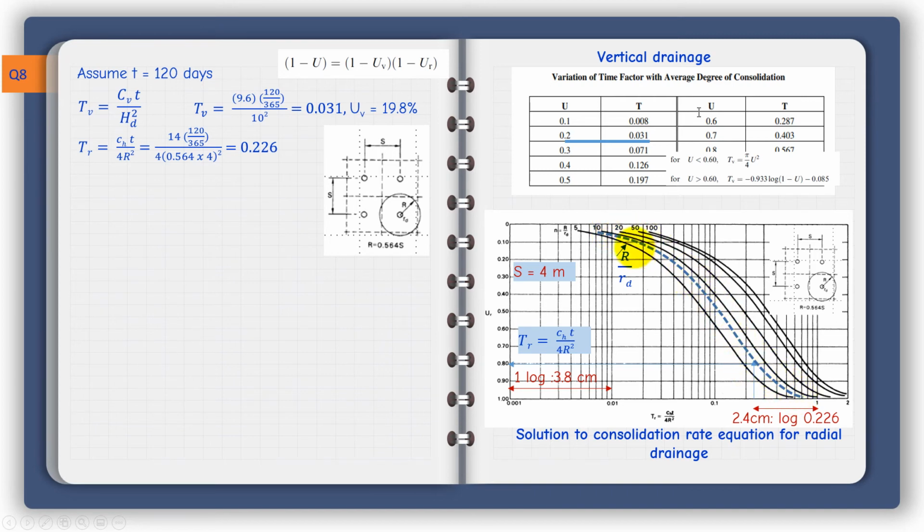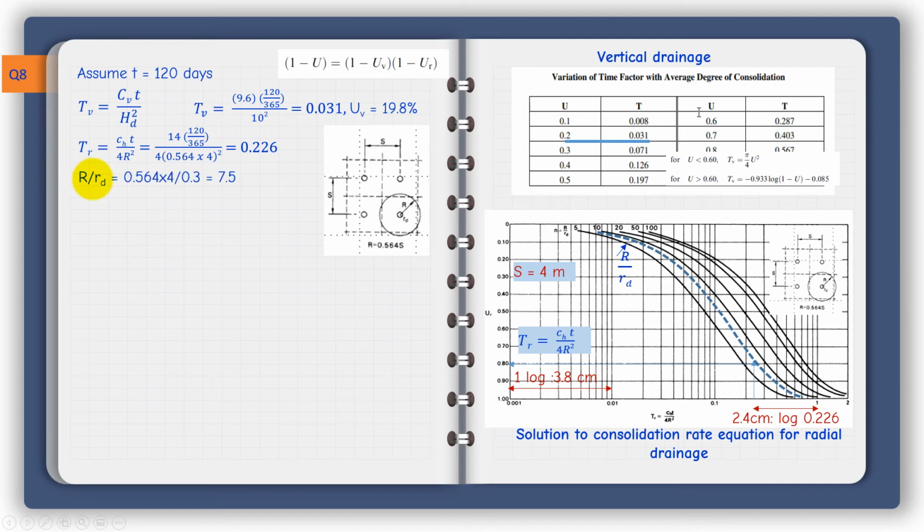What is this blue curve? This set of curves correspond to the ratio n of R capital, which is the radius of this virtual circle, divided by r small, which is the radius of the sand drain itself, in our case being 0.3. Let us calculate this first.